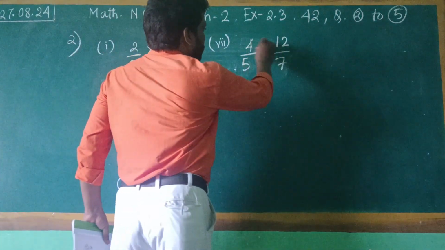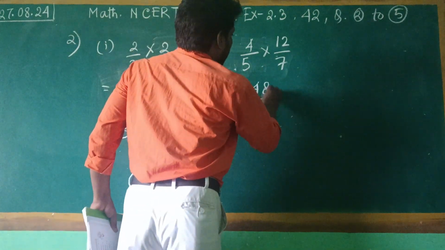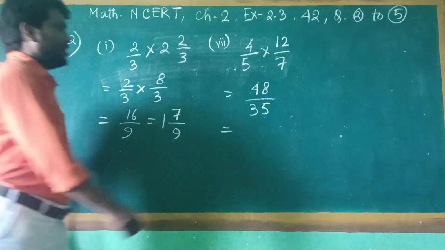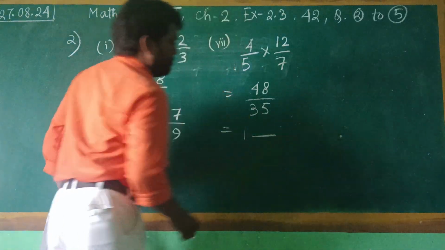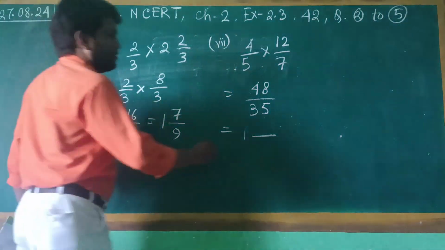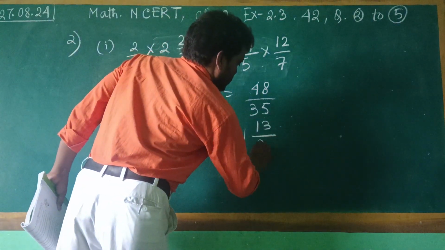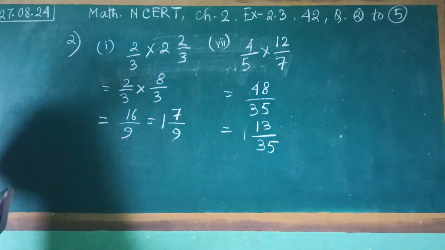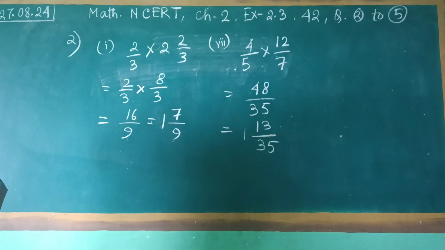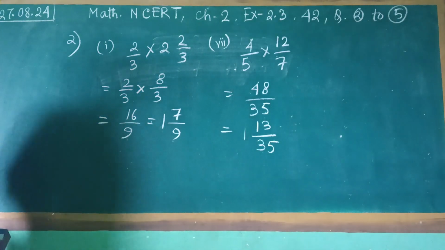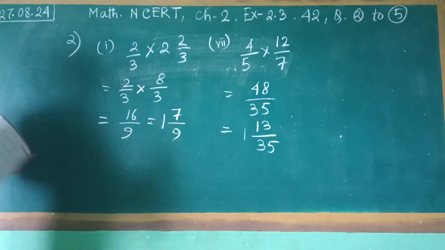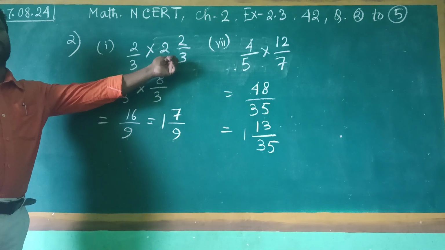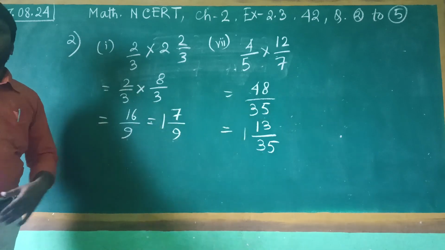So multiply 4 into 12, 5 into 7. 48 divided by 35, it is an improper fraction. Now change it to 1 and 13 by 35. So this is the main procedure of multiplication of fractions between two proper fractions, a proper fraction with a mixed fraction or an improper fraction or a whole number.